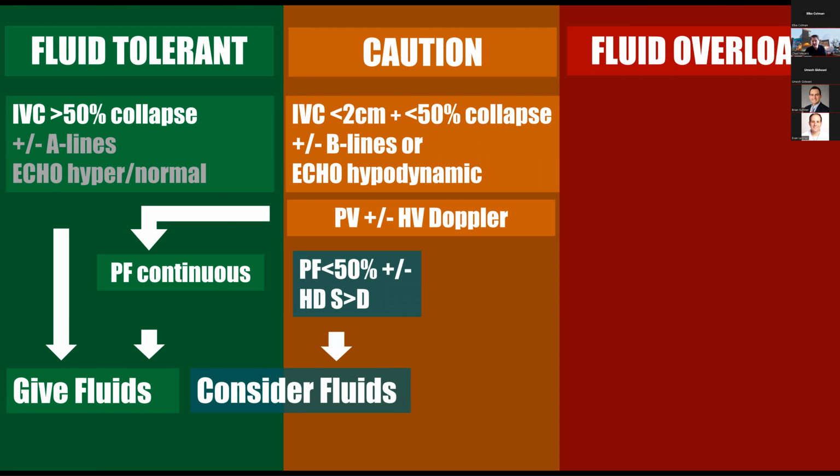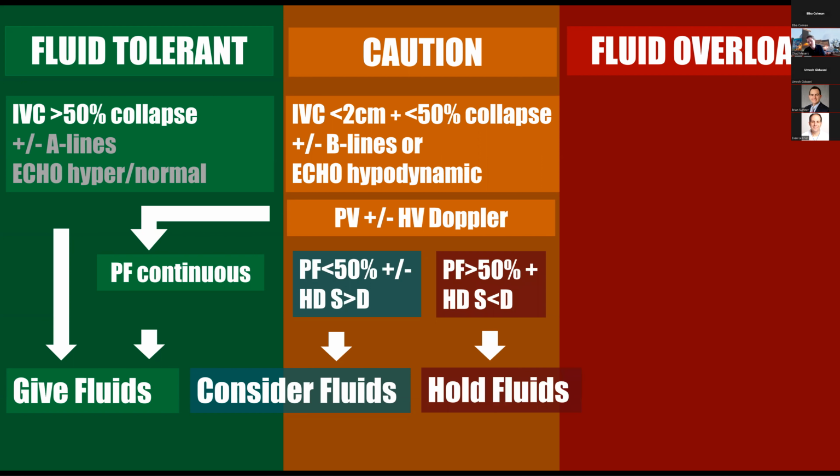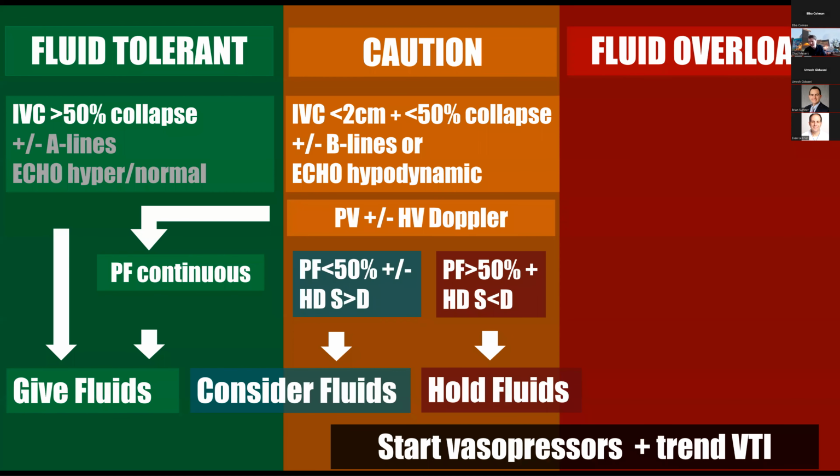If my portal vein pulsatility is there, but it's less than 50%, then I'm going to follow that up and confirm with hepatic vein Doppler. If I still have maintenance of my relationship of S and D waves, then I'll consider giving fluids with maybe some caution. Portal vein pulsatility greater than 50%, and now I have reversal of my relationship, my systolic wave in hepatic Doppler is less than the diastolic wave, then I'm going to hold fluids, and if they're in shock, I'm going to potentially start pressors, and this is where I'm going to start trending VTIs.